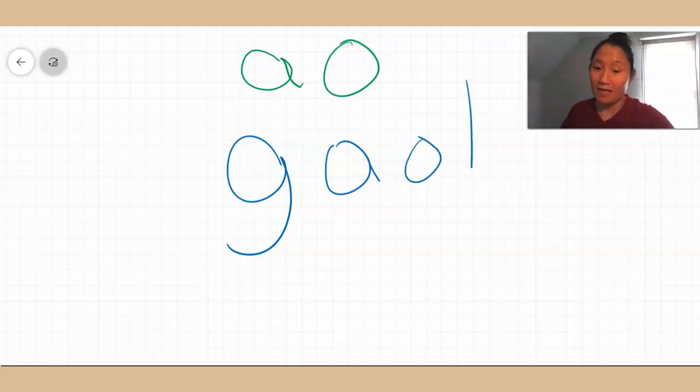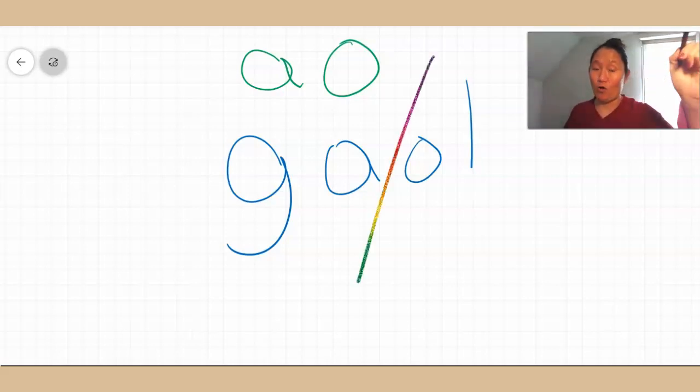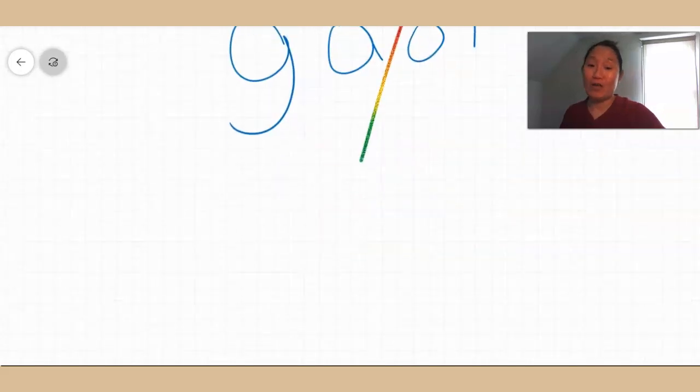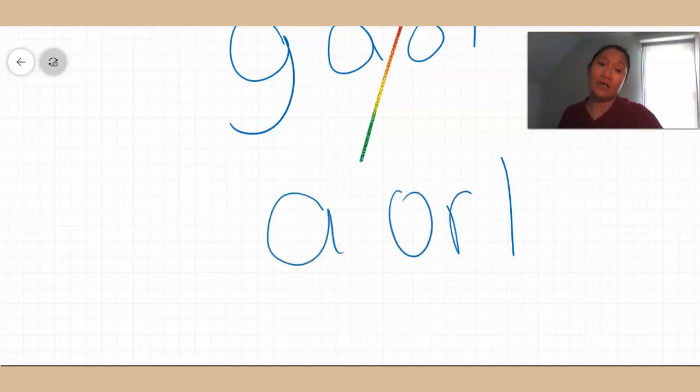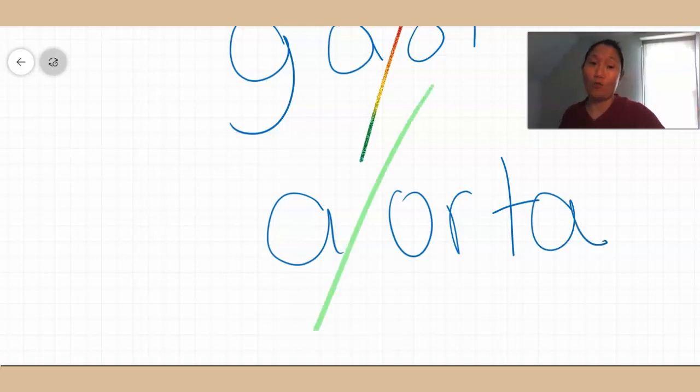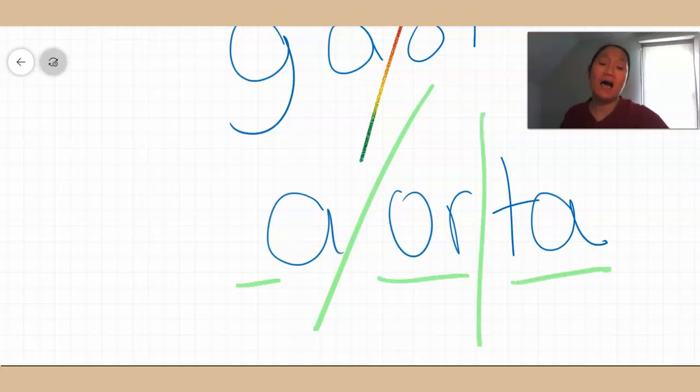So you could automatically just break it. If you had the word aorta, which is a big vein in your heart, you already know the A-O breaks. A-or-ta. You can break it that way.